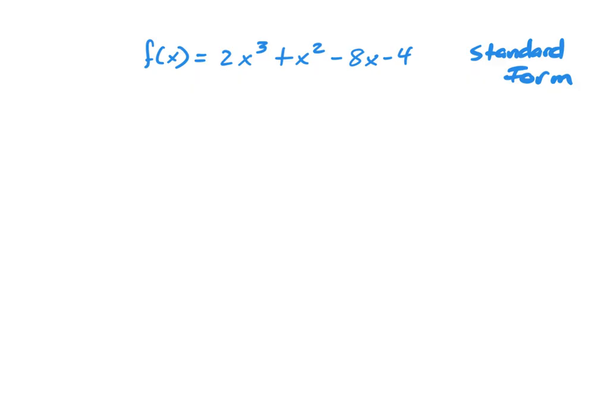In standard form, if we walk through these steps, yesterday we talked about the leading term test. Make sure it's in highest to lowest order of the exponents, which it already is. So 3 is my degree. It has a degree of 3, which is odd, and it has a positive leading coefficient.